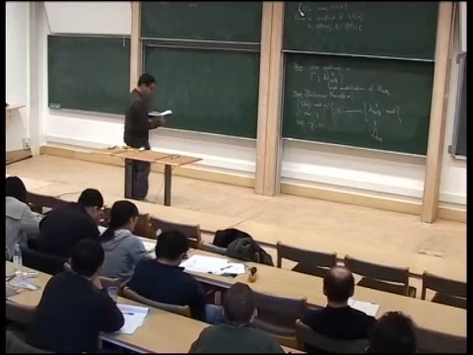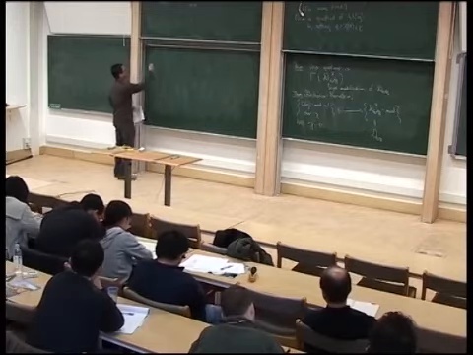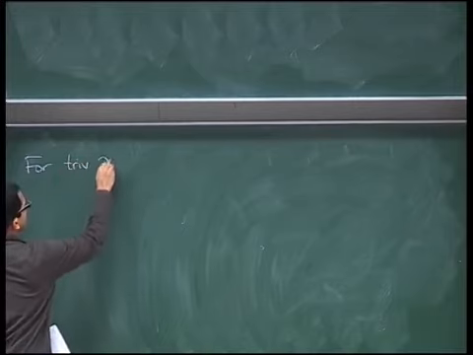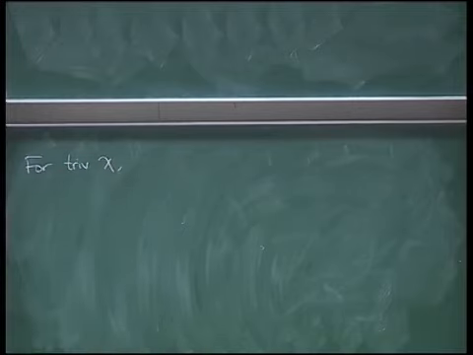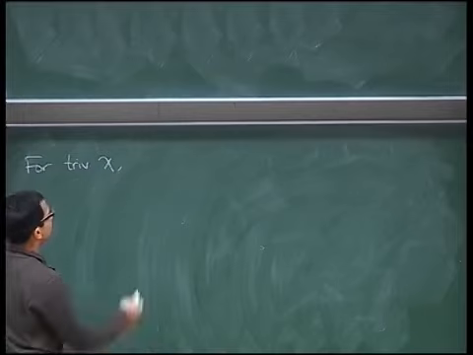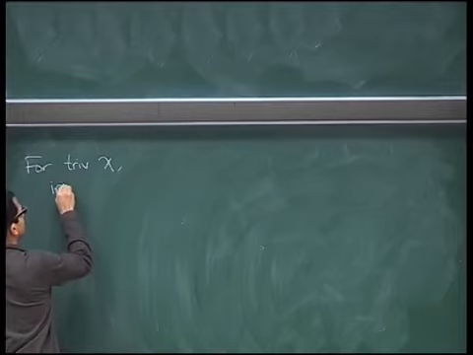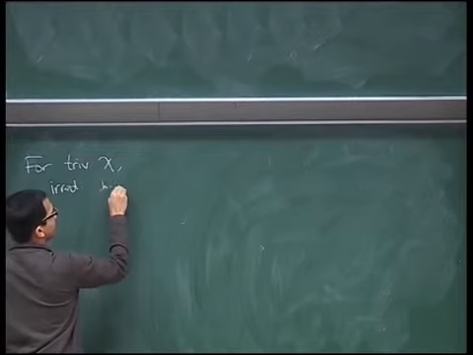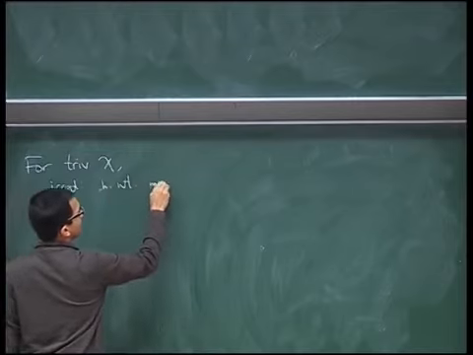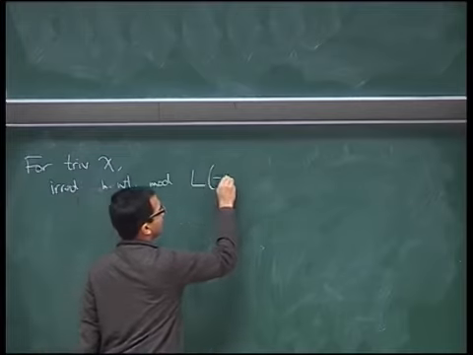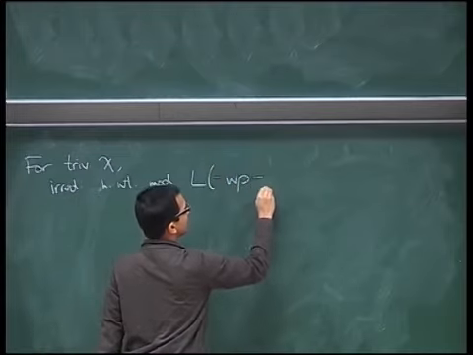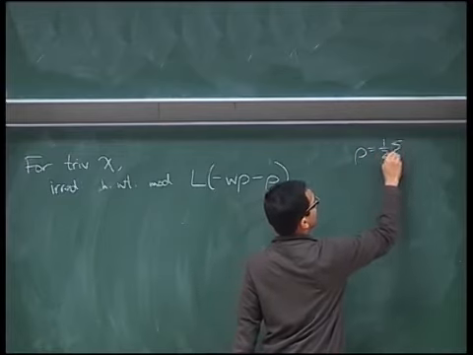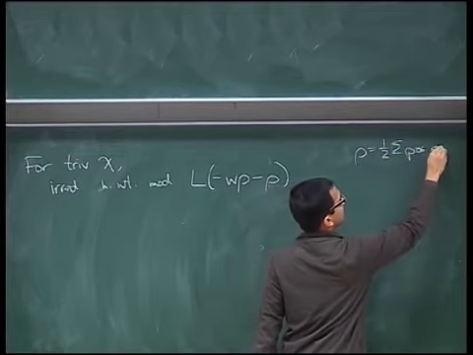Okay, so for the trivial central character, the modules that come up, the irreducibles, are the highest weight modules of this form, L(-w rho - rho). So rho, as usual, is the half sum of the positive roots.